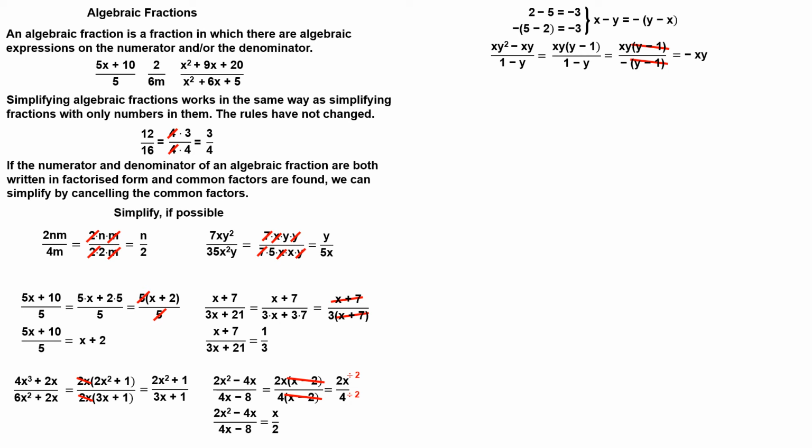Now we have to factorize trinomials. You should notice that the numerator is a perfect square trinomial, and the denominator is a difference of 2 squares.